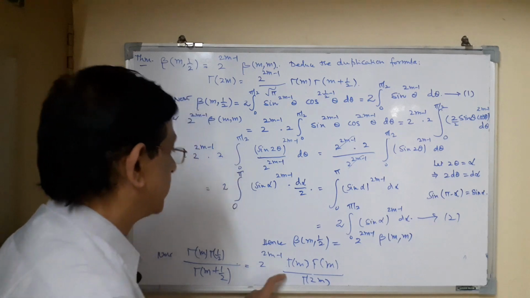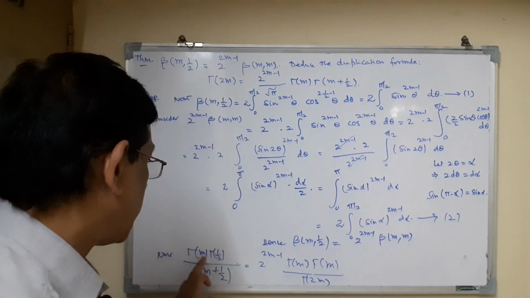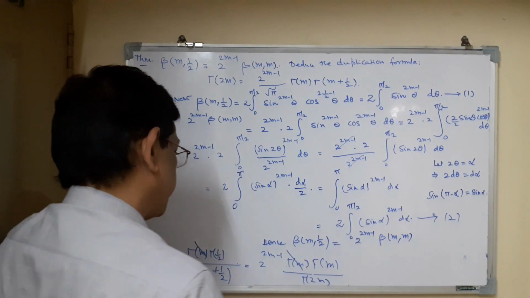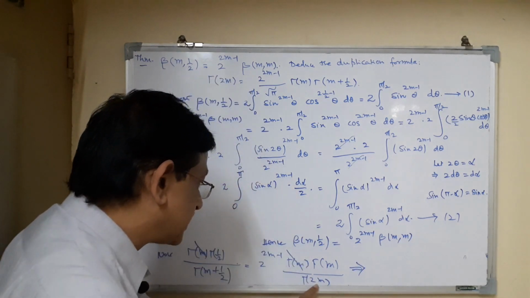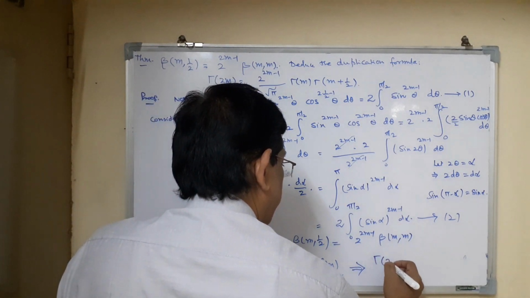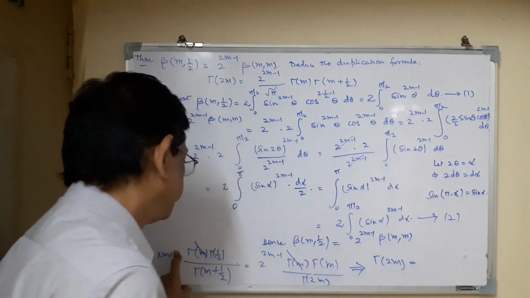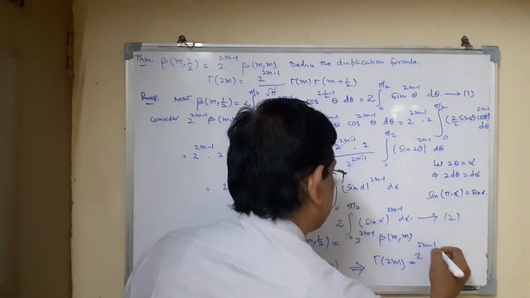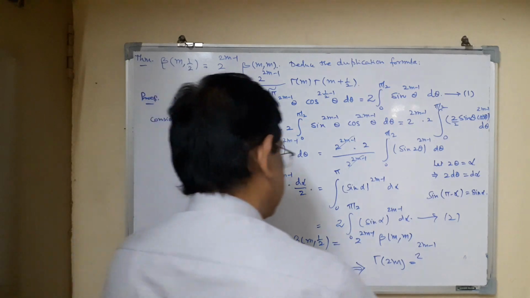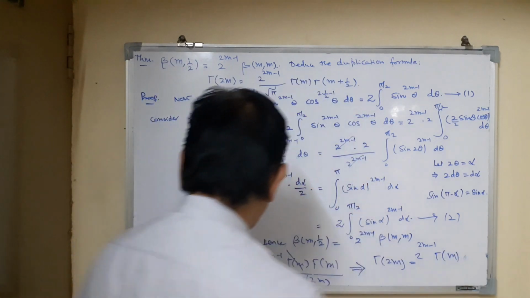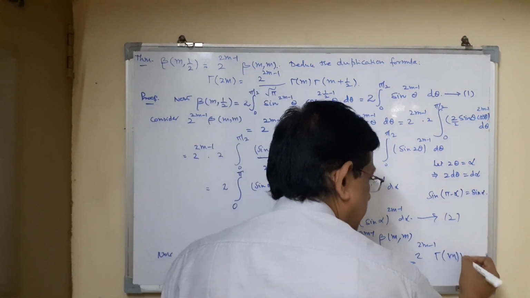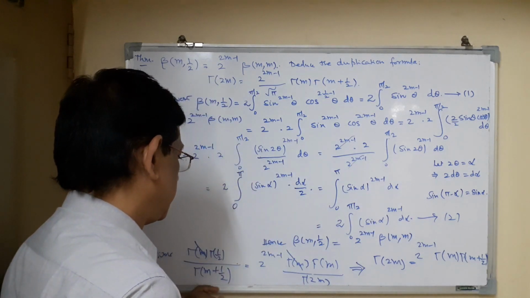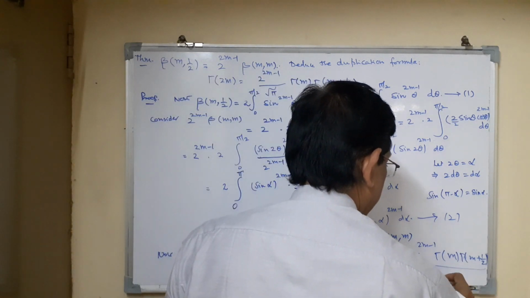Now you can compare these two. I can cancel this gamma m because gamma m is non-zero. So this implies I'll bring this gamma 2m into the numerator. So I'll get gamma of 2m, which is equal to 2 power 2m minus 1 gamma m. I'll bring this gamma m plus half to this side. So this will be gamma m plus 1 by 2 by gamma half.